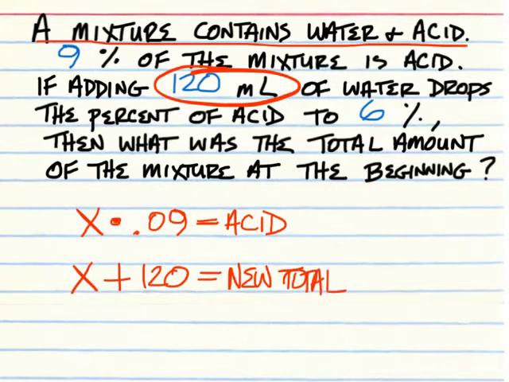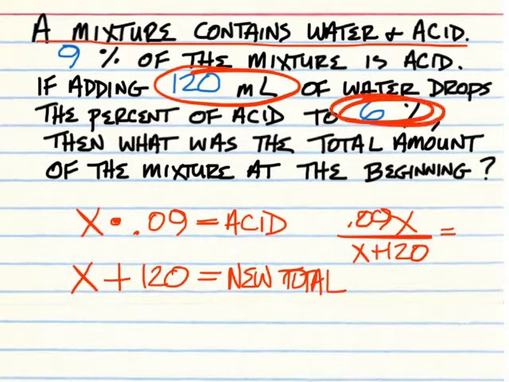Then we divide the acid amount by the new total amount, and we can still do that. You can have 0.09x divided by x plus 120. By doing that, it would give us the new percent, which we do know in this case to be 6.